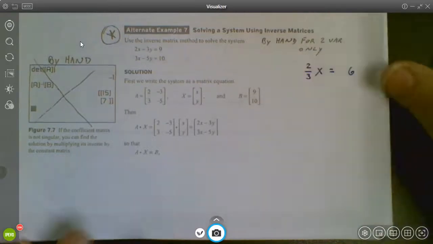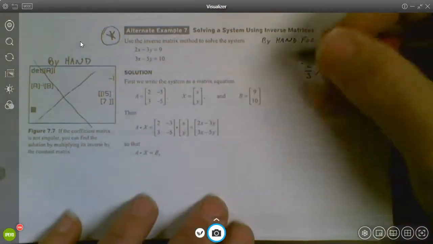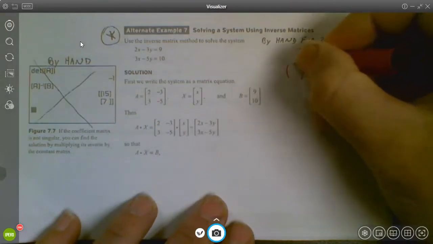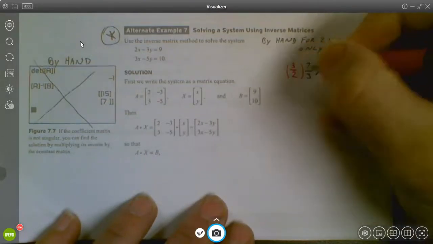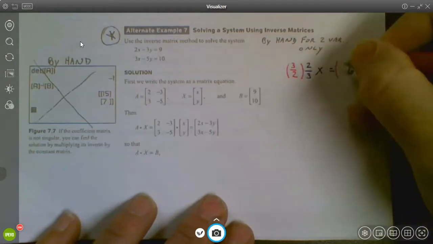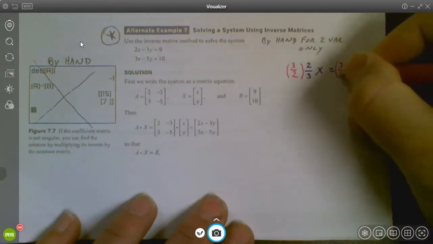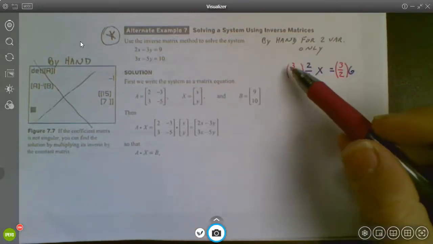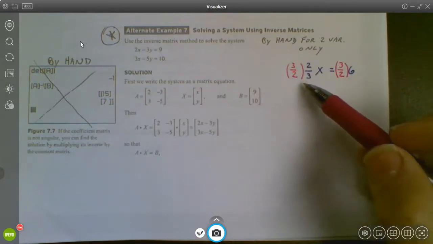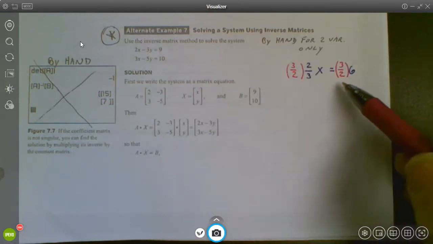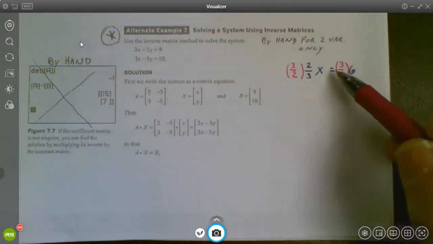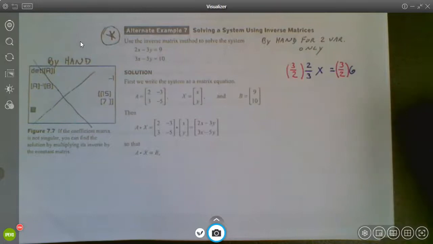So I'm going to multiply both sides by 3 over 2. And that's how I would get x by itself, right? Because when you multiply those together, you get 1. And that gets x by itself, so it just becomes like 1x. And then when you apply those two together, you get your answer for x.